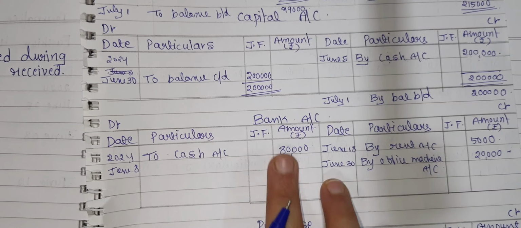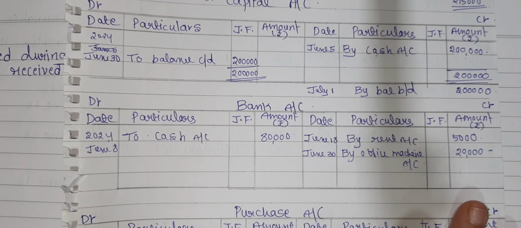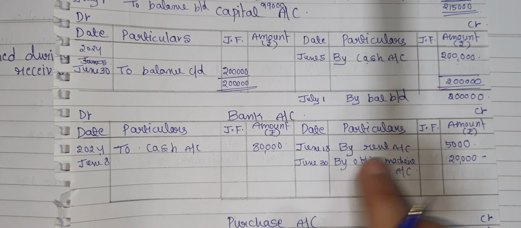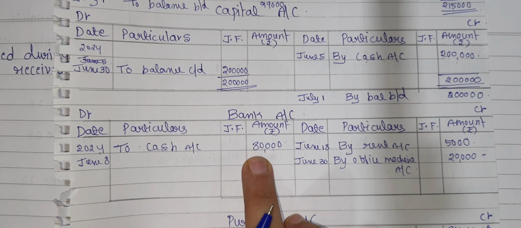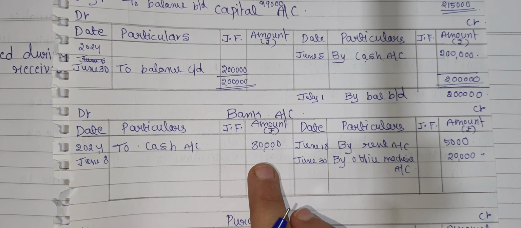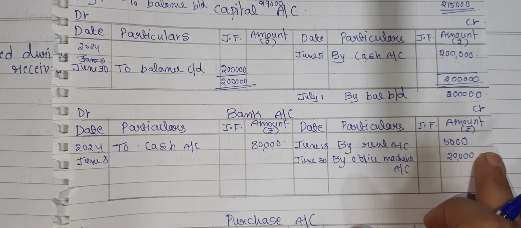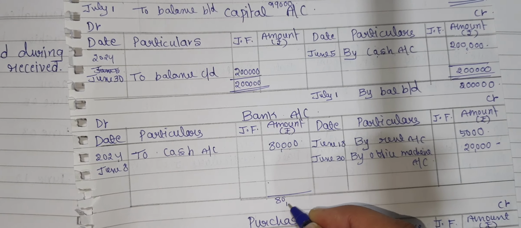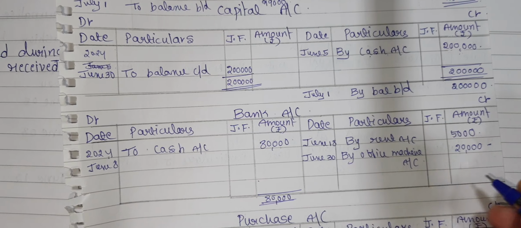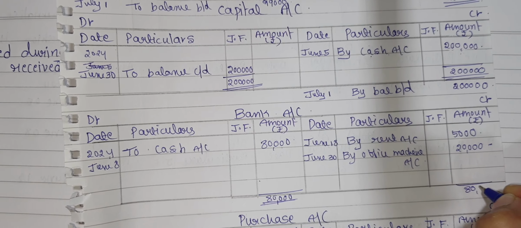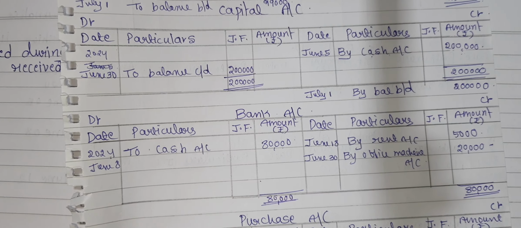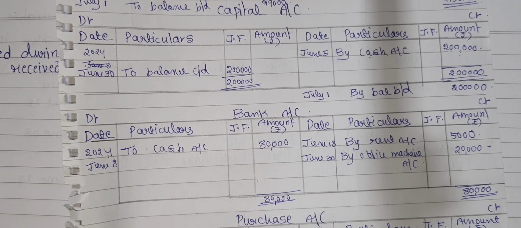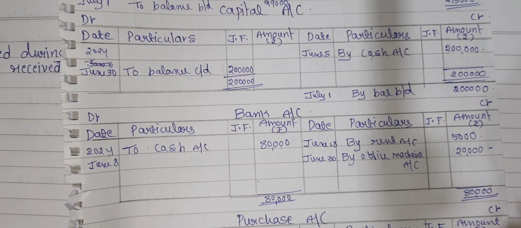Fine. Next we will go to the bank account. See here, 25,000 and here the total is 80,000. 80,000 means the debit side has more amount than the credit side. So write down 80,000 and 80,000 and check the difference. Here 25,000, 80,000 minus 25,000, that is 55,000.